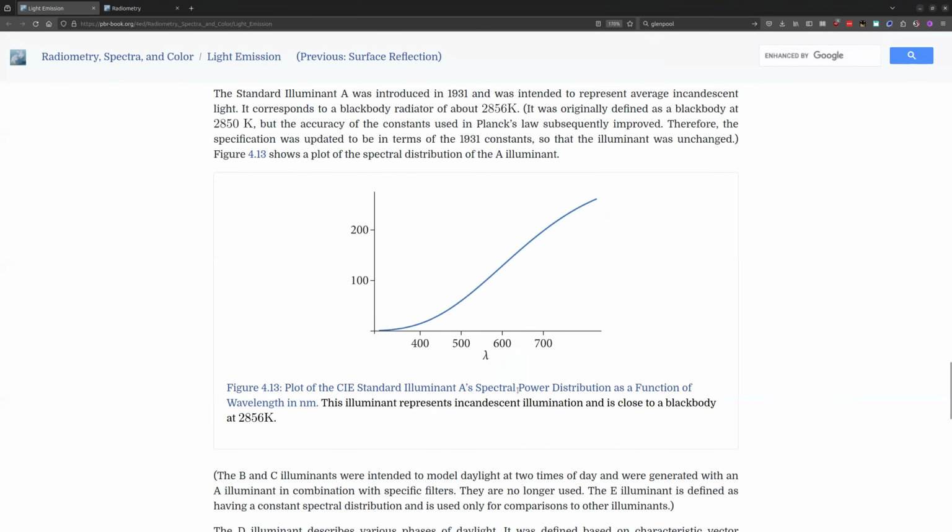What's the units for this? Just power? Spectral power distribution, I guess that would be what to use. Then yeah, there should be power there. Okay.